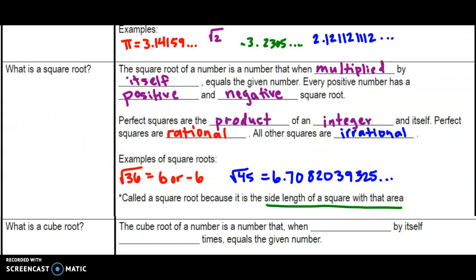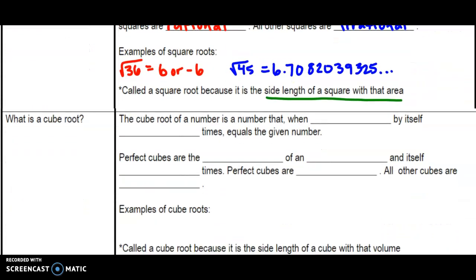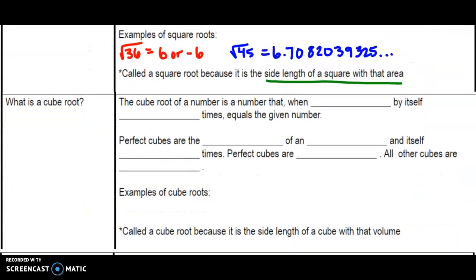Okay, now we have cube roots. The cube root of a number is a number that, when multiplied by itself 3 times, equals the given number. So instead of just multiplying it by itself, it has to be multiplied 3 times to get that number.